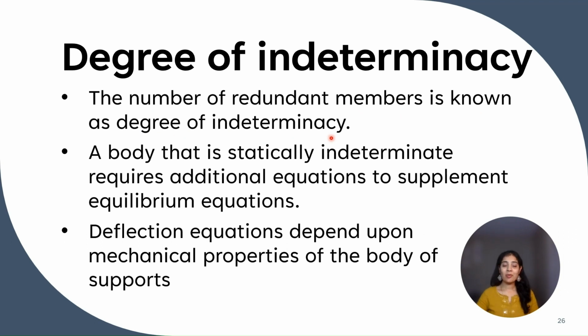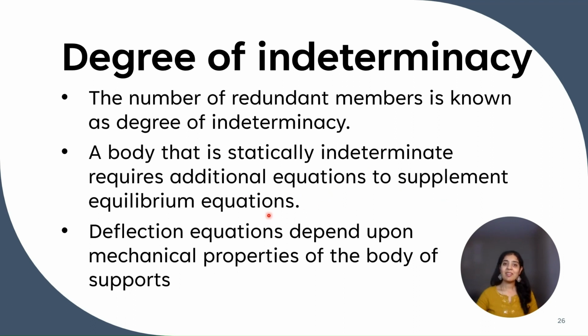In the subsequent videos made dedicatedly for truss and frames, we will see what the degree of indeterminacy is and how to calculate it. Here, a body that is statically indeterminate requires additional equations to supplement the equilibrium equations.